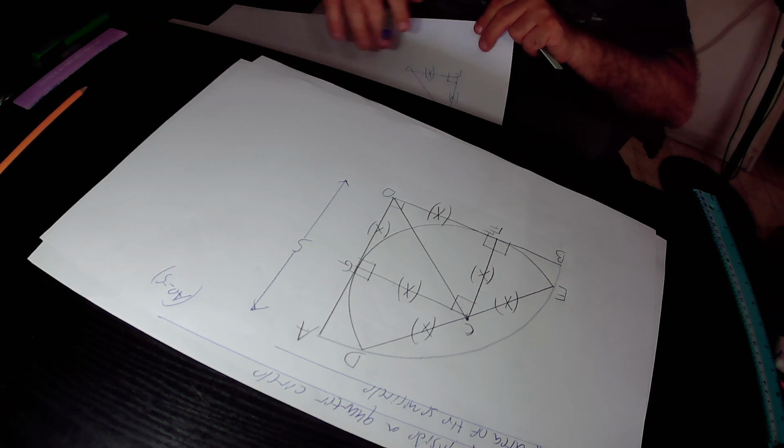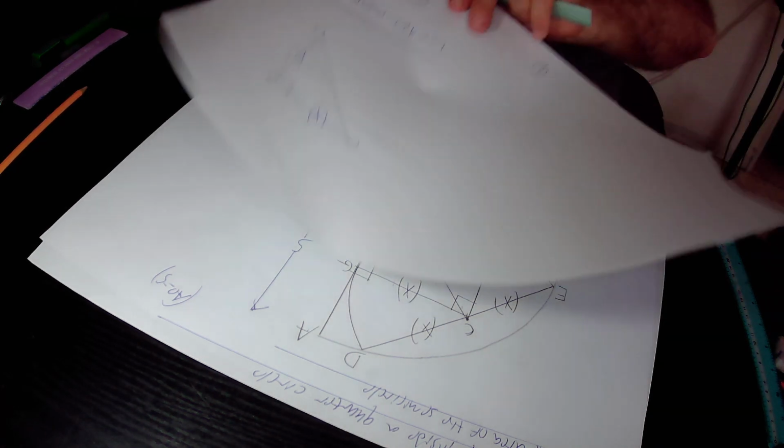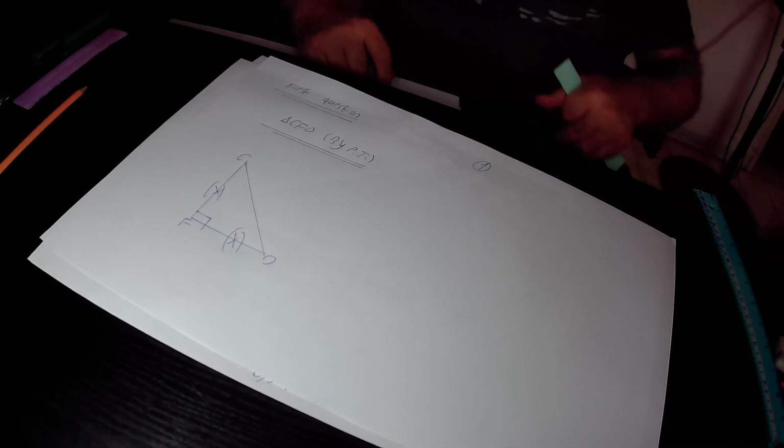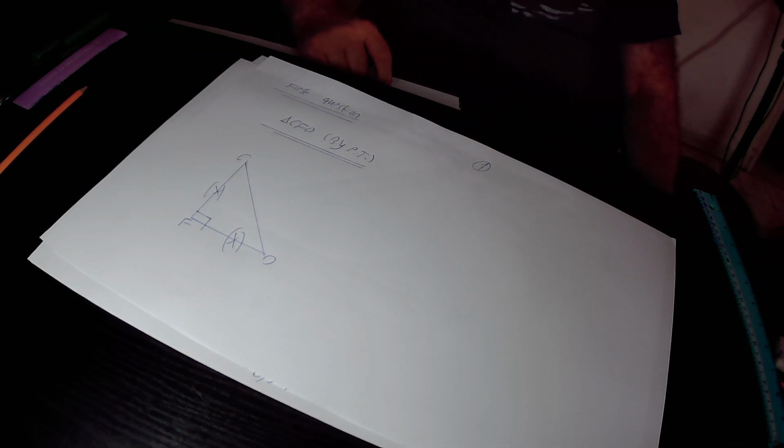So actually, this is the right triangle CFO that I copied from the original drawing. According to the Pythagoras theorem, in this right triangle CFO, CO squared, that is the square of the hypotenuse, must be equal to CF squared plus FO squared. So I write it down.